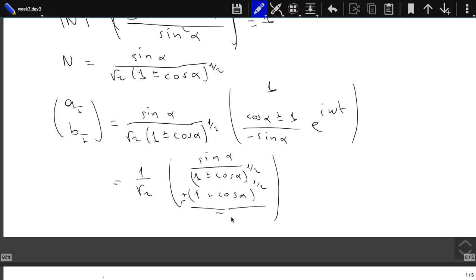Or with the minus sign corrected, this is plus minus. This is always plus. No, plus or minus. These are my eigenstates. And I have e to the power i omega t.